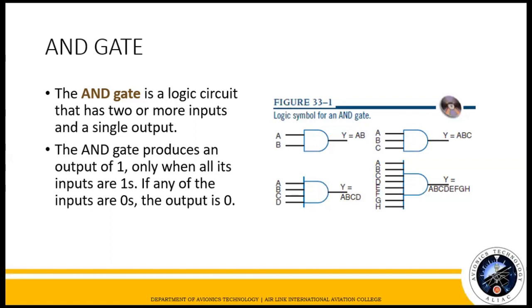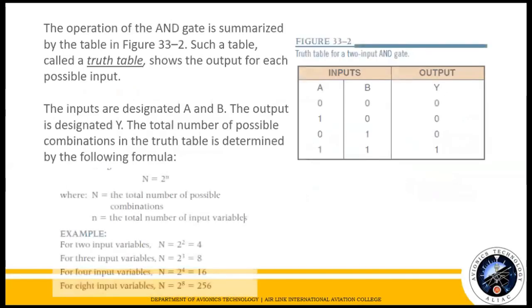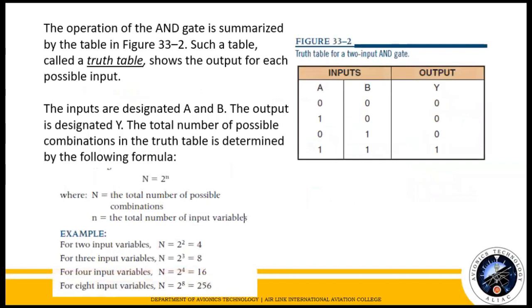And when your input is A to D, your output is ABCD. And then when your input is A to H, then your output will be ABCDEFGH. Okay, paano nga ba natin malalaman? Sinasabi nila, pag meron kang input na 1, both inputs ay dapat 1 para yung output mo ay 1.